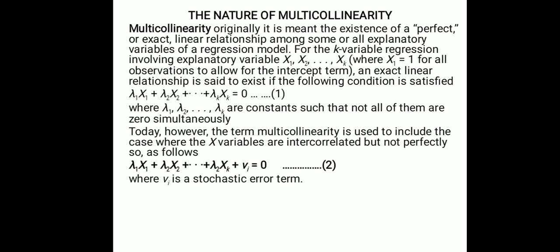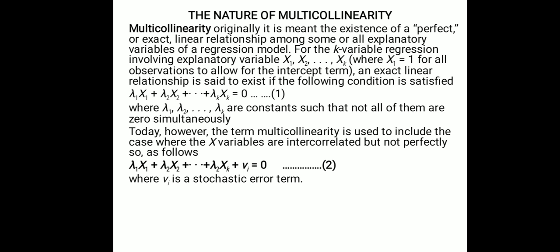For a k variable regression involving k explanatory variables, that is independent variables, where x1 equal to 1 for all observations to allow for the intercept term, an exact linear relationship is said to exist if the following condition is satisfied: lambda 1 x1 plus lambda 2 x2 plus lambda 3 x3 and so on equal to 0, where lambda 1, lambda 2, lambda 3, etc., lambda k are constants such that not all of them are 0 simultaneously.